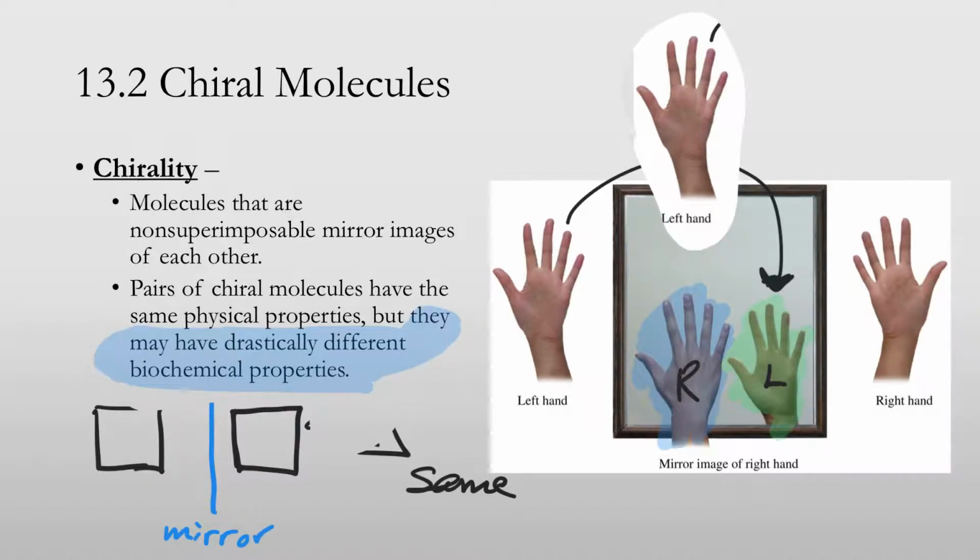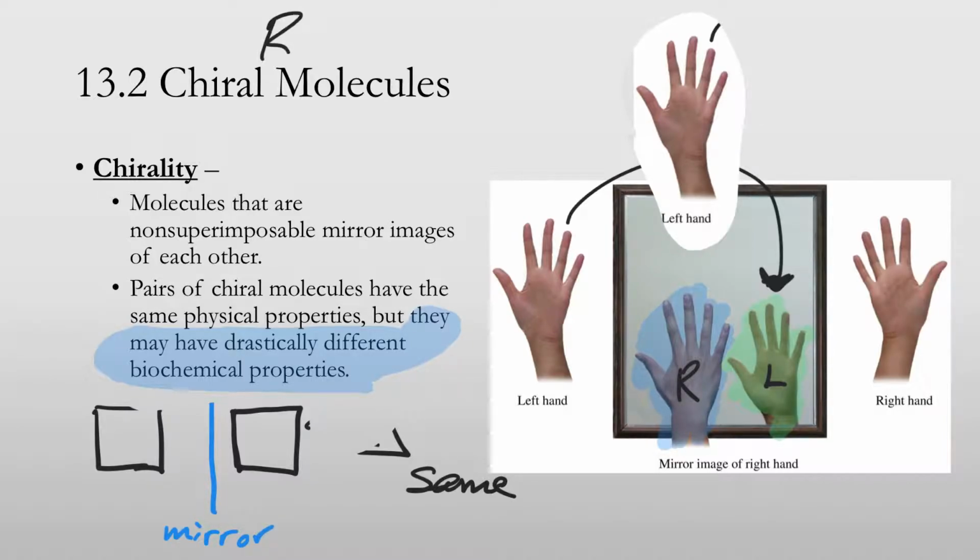And so, for example, there was a drug that used to be given to pregnant women to treat them for morning sickness. It was called thalidomide, and it's a chiral molecule, and it used to be administered as what we would call a racemic mixture.